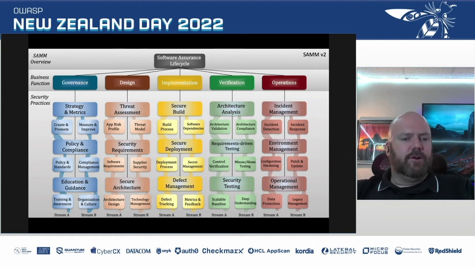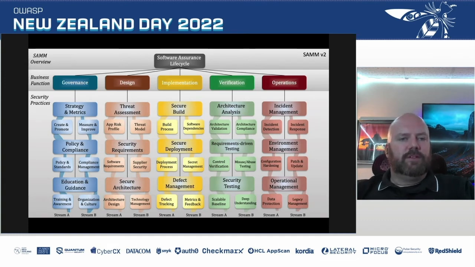So you notice that there are 2 streams for every security practice. So you have 5 business functions, and under each business function, you have 3 security practices, and under each practice, you have these streams. And within these streams, you have different security activities.